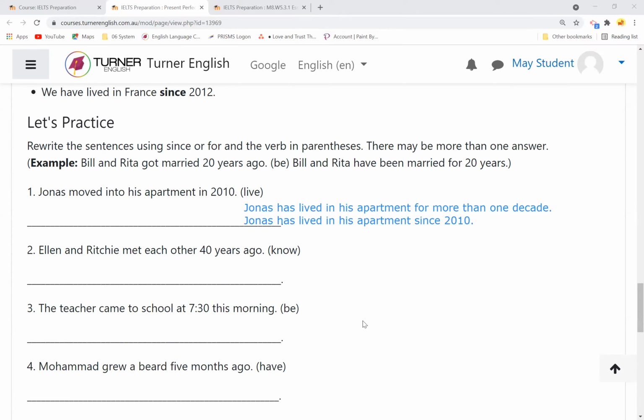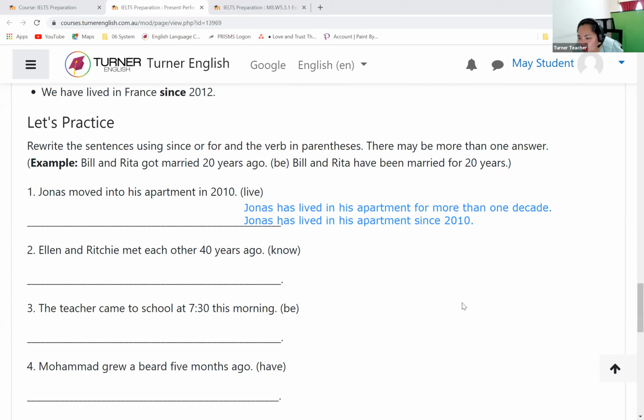In school. Since. The teacher has been in school since 7:30 this morning.